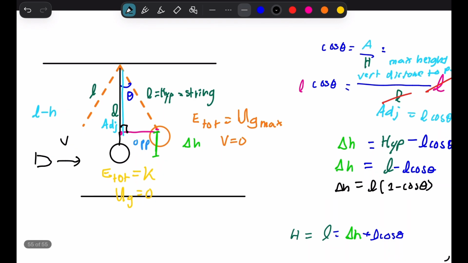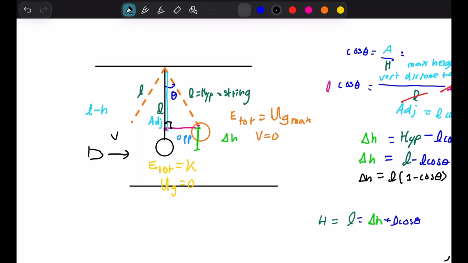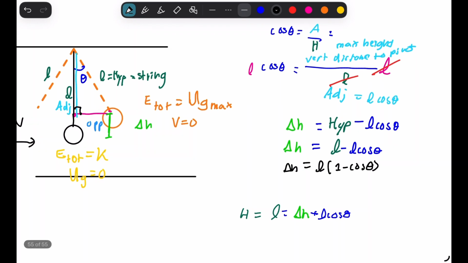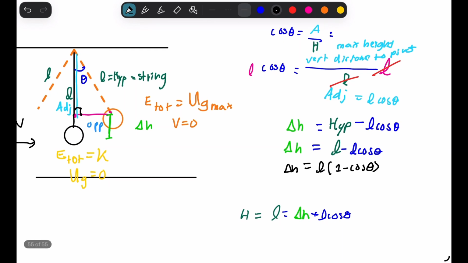The adjacent side is basically the vertical distance from the pivot when the ball is at its highest point. So that's why we say cosine theta is equal to that divided by L, because L is our hypotenuse. If we want to isolate that adjacent side, then we multiply both sides by L, and that L will cancel out. So we get the adjacent side is equal to L cosine of theta.